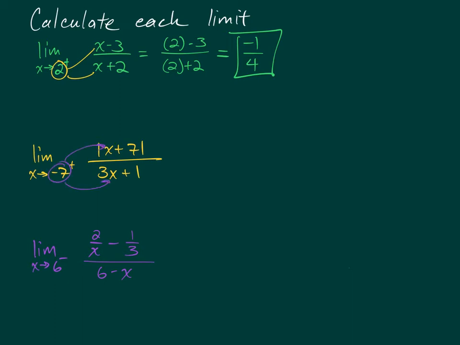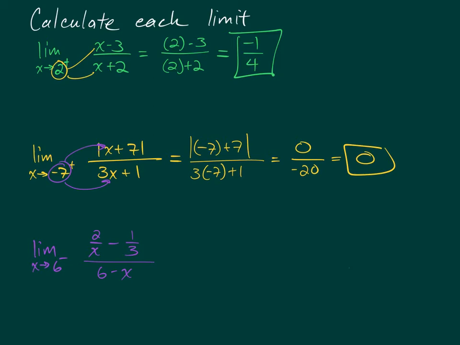Substitute this -7 in for x, and you'll get -7 plus 7 inside the absolute value, all over 3 times -7 plus 1. So when you simplify the numerator, you end up with 0, and in the denominator, you end up with -20. 3 times -7 is -21, plus 1 is -20. And that is simply 0.